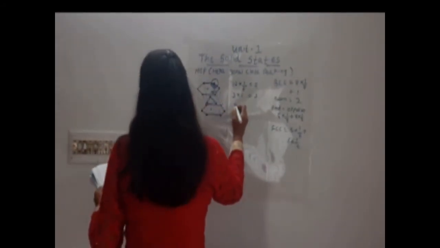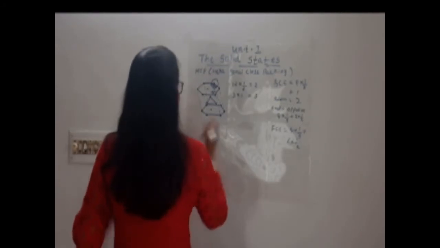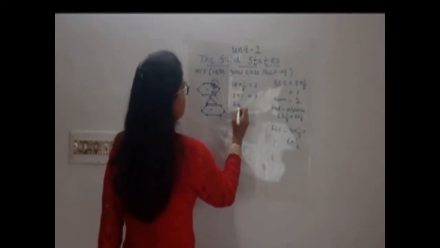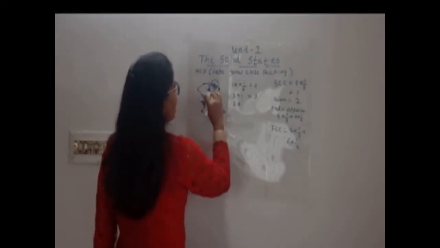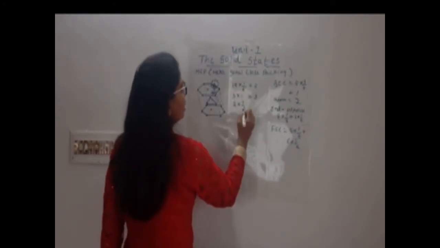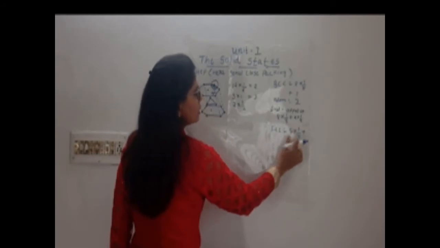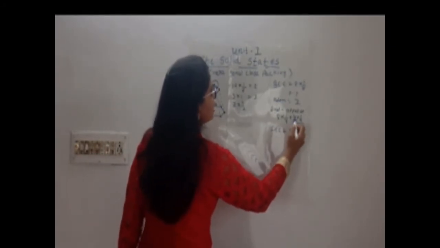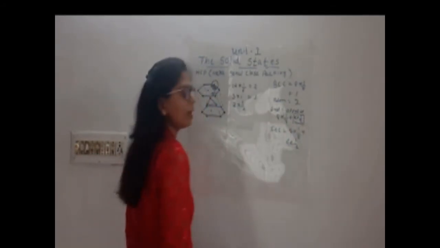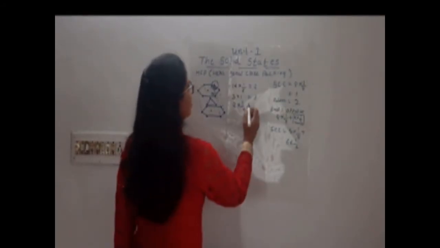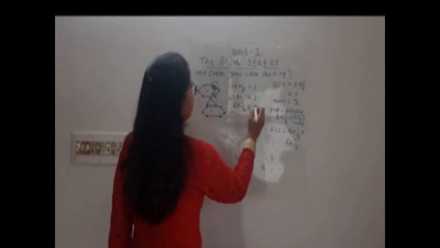So the total number of unit cells is 2, which is shared with 1/2 like this or like this. Correct? Here also these are on the face. So we have given it 1/2. So here 1/2 means here it is a 1.